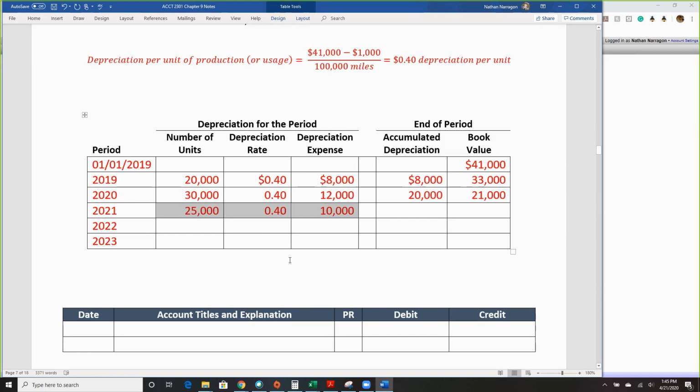2021, same thing. I have 10,000. So from here, how much accumulated depreciation should I have if you're following along? Who wants to answer that?